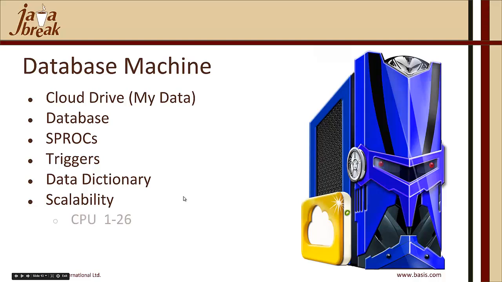Its scalability, because it requires a mounted drive, is to have a CPU from 1 to 26 and RAM from 2 gig to 613 gig, but it can't be scaled, and it can't be load balanced because it has a mounted drive, which loses its ability to be scaled or load balanced. But I've yet to meet somebody whose database couldn't be handled with 26 CPUs and 613 gig of RAM.